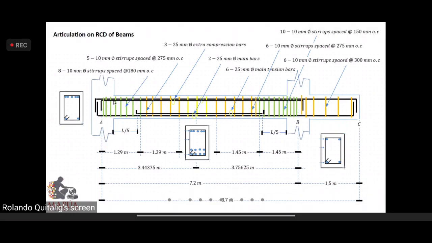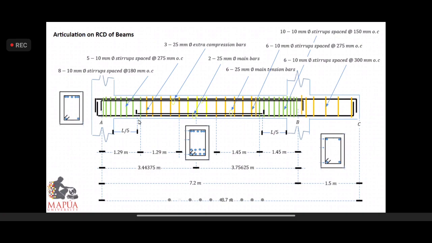But the designer opted to consider 3 at 50 or 2 at 50, 2 at 100, 3 at 150, rest at 150. So, ganun yung ginagawa. Kung 8 yan, didiskartehan mo na basta may 180 dito.